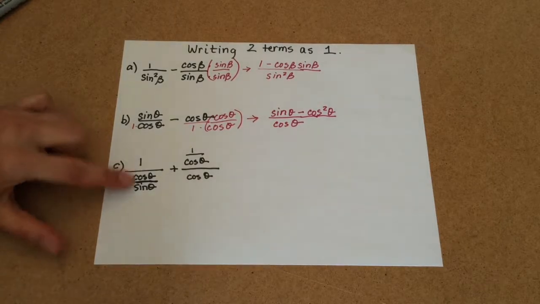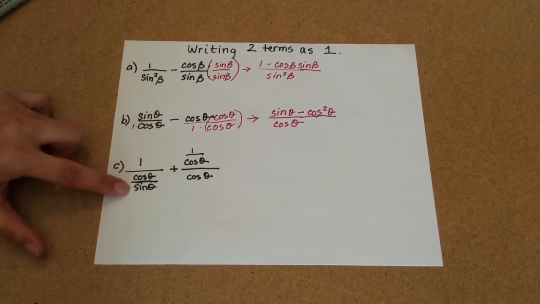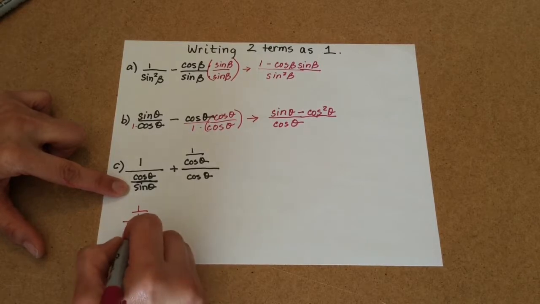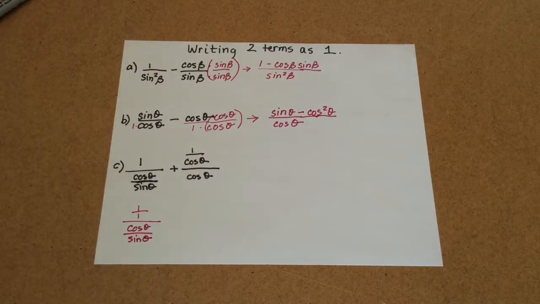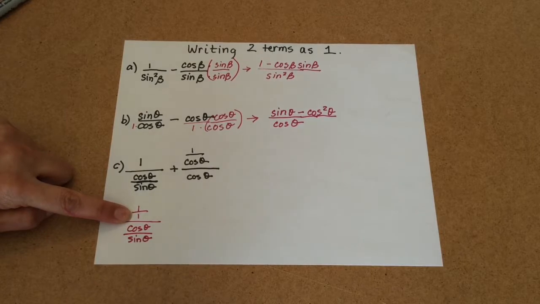Okay, so I'm going to rewrite this here with a fraction in the numerator and a fraction in the denominator. So we're going to write 1 over 1 over cosine theta over sine of theta. Okay, and then remember our jealous denominators. I've taught you this before, and in fact, if you haven't watched the video on simplifying complex fractions, you should go back and watch that first.